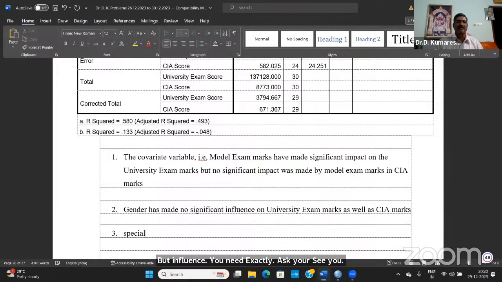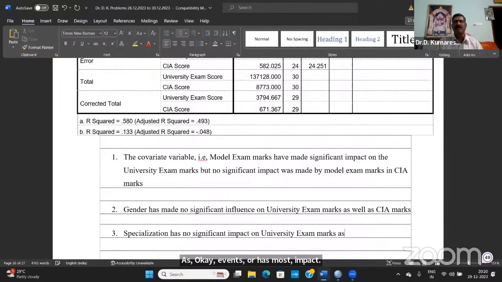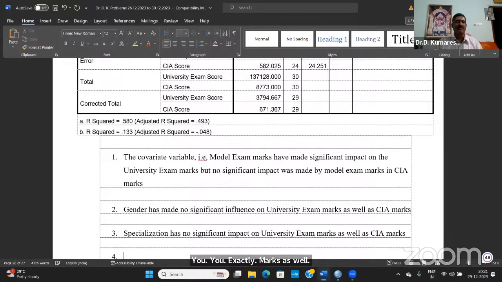Then specialization has no significant influence or has no significant impact on university exam marks as well as CAA marks.